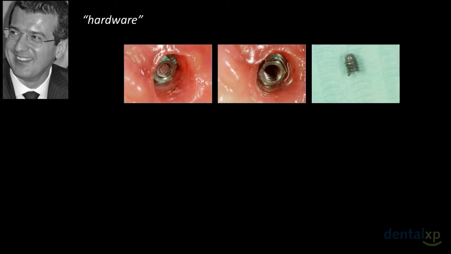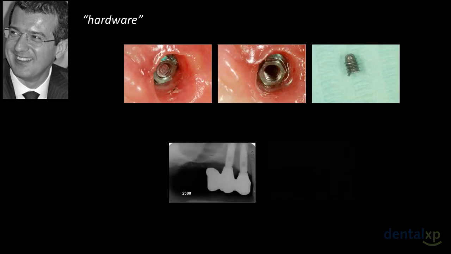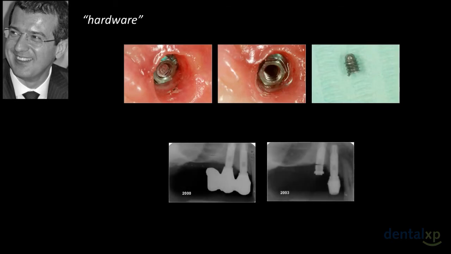When we are dealing with hardware of our implant restorations, we have of course some problems, as we have problems in conventional prosthodontics with hardware. And the problems are, for example, screw loosening, screw fracture, sometimes even implant fracture, for example as in this cantilever prosthesis.